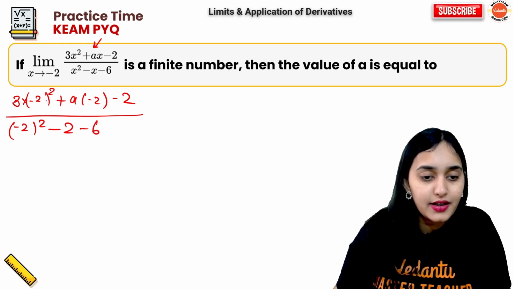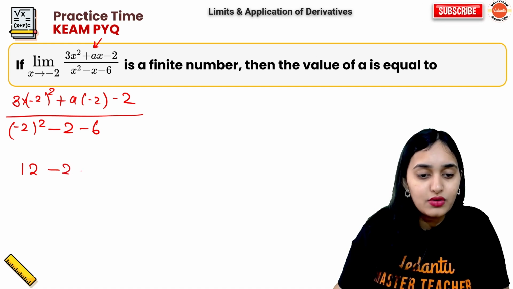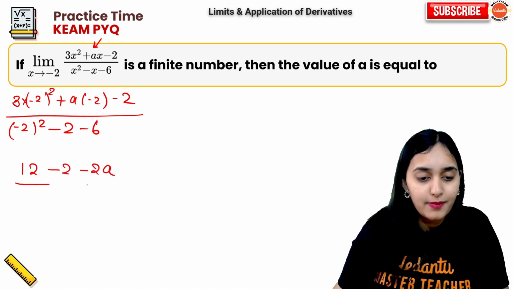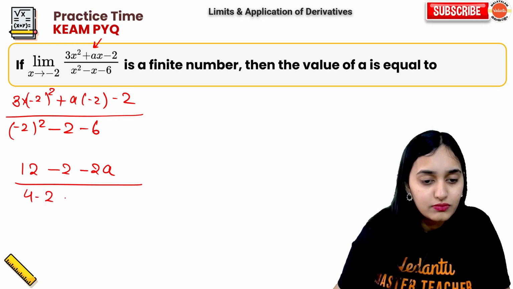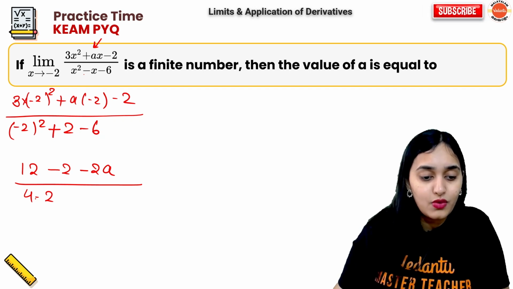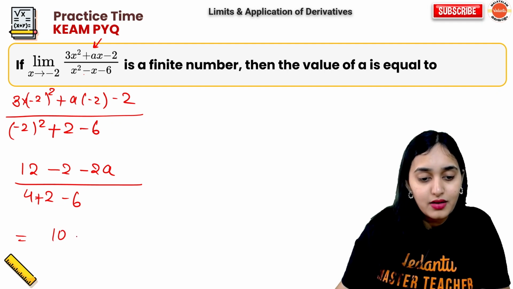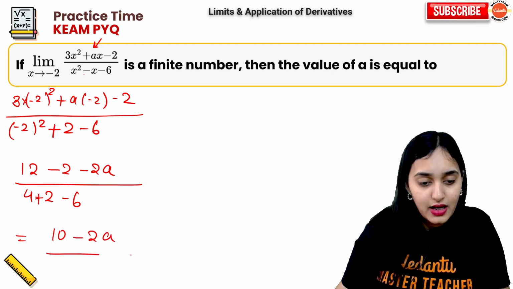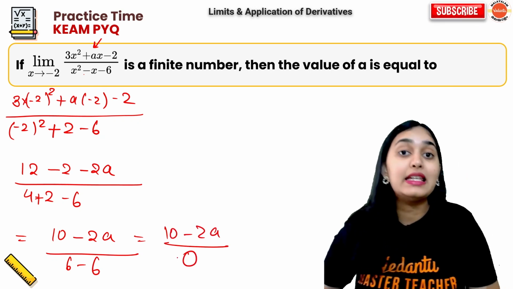So I get 2 2s are 4, 4 3s are 12, -2a, upon 4 -2. No, minus of -2 will be +2. 4 plus 2 -6. So I get here 10 minus 2a upon 6 minus 6. So 10 minus 2a upon 0.